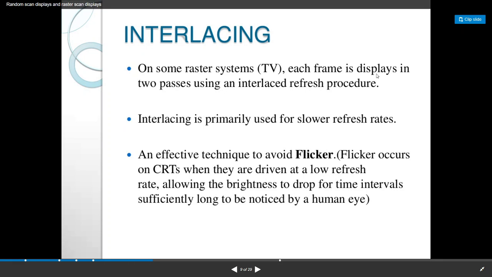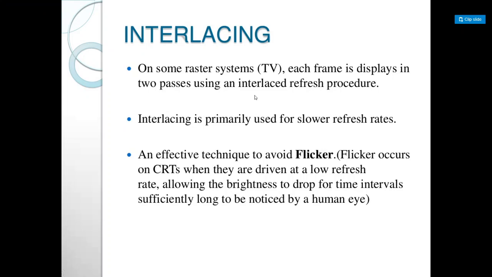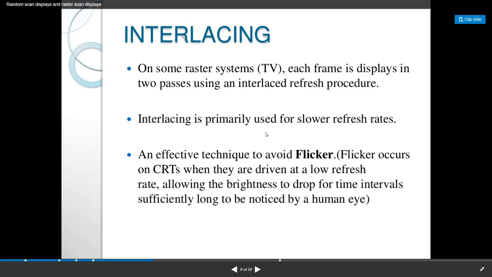On some raster systems, the frame is displayed in 2 passes using an interlaced refresh procedure. So instead of just one pass, there will be 2 passes for one image. It is used for a slower refresh rate. If the refresh rate is slower, then this is used.